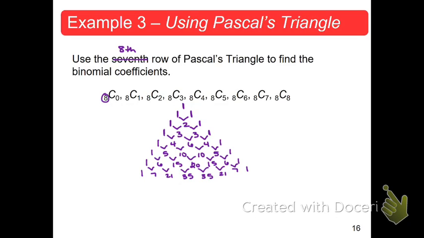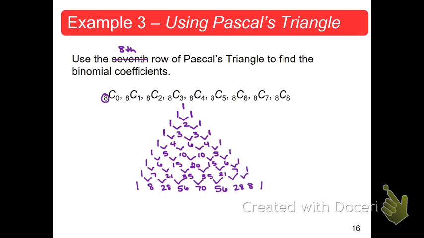And 1 more. Oh, my numbers went slanted up. I didn't notice that. Sorry about that. And we end with an 8.